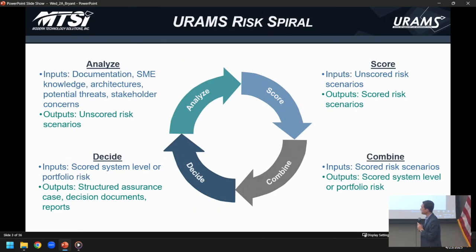Okay, so all of this is within the context of a thing we call URAMS. Somebody may have heard of it. It is often categorized as a mission-based cyber risk assessment. What it really is, is a big basket of tools. And so there's a very simple process of score, combine, decide, analyze, and within each of those is a set of tools.